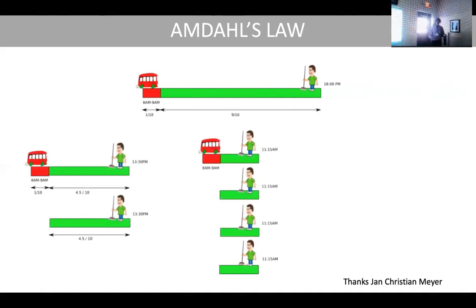You can't parallelize the drive from where you are to where you're going. It takes as long as it does. There's a limit to how much benefit you get, and eventually you can throw more and more CPUs at this, or more friends. It's always going to take at least an hour. So that's one interesting thing about Amdahl's law.